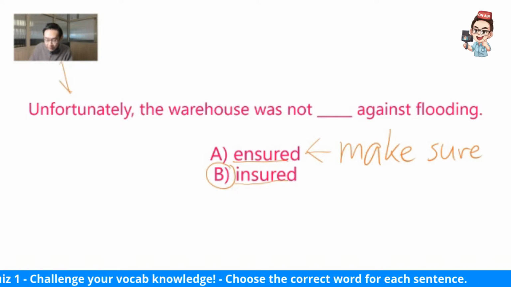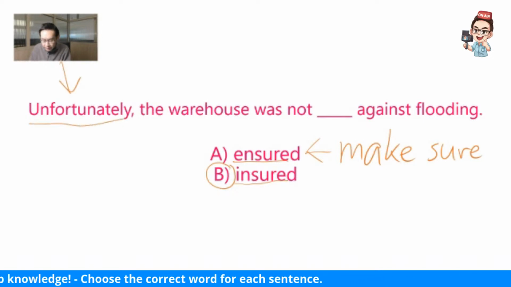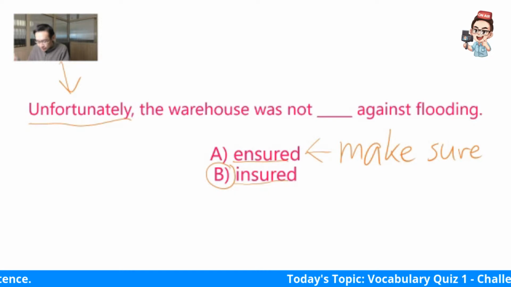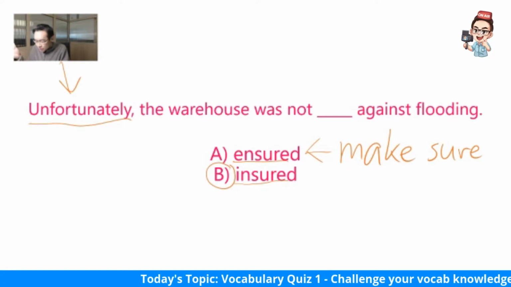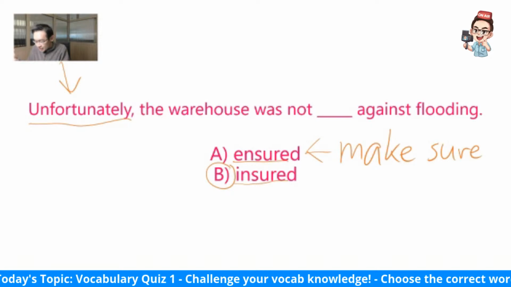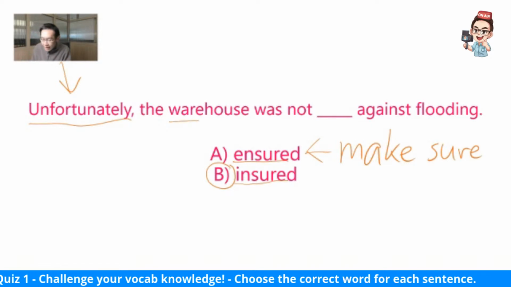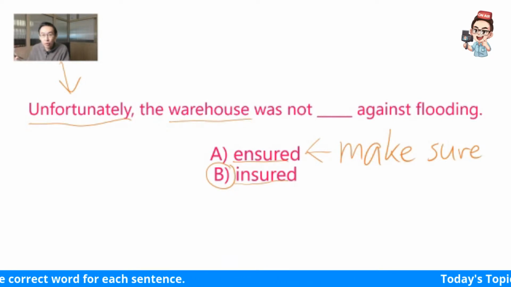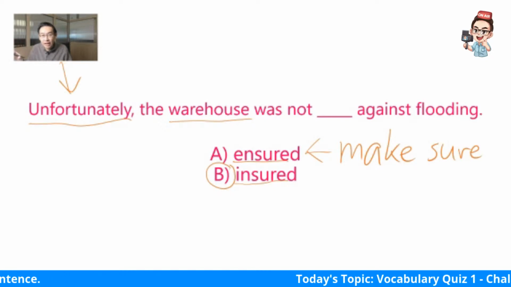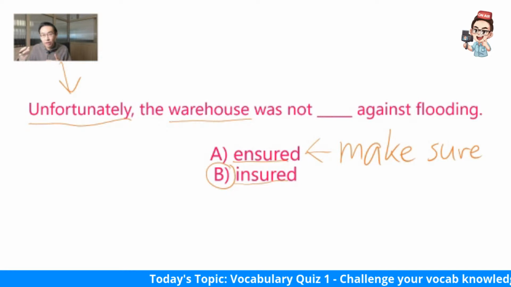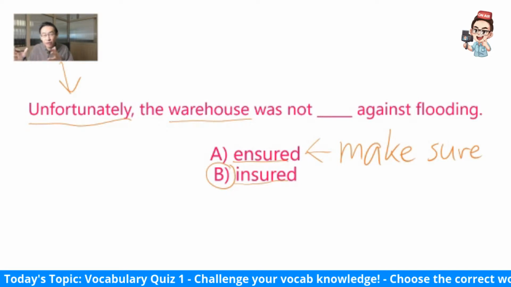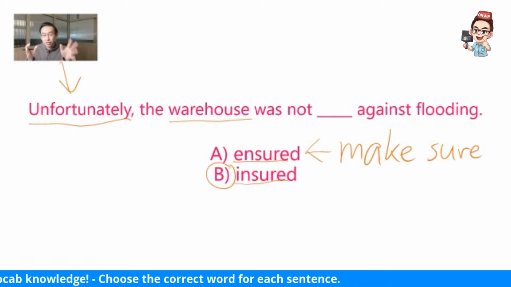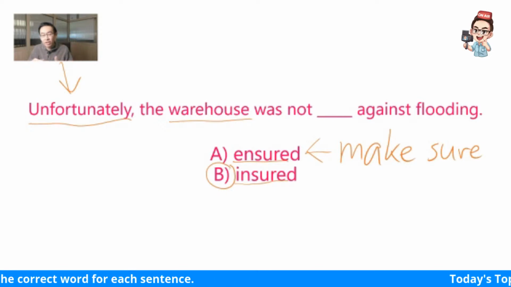Why? Let's go back and read our sentence. We use unfortunately to talk about something negative, something bad. Unfortunately, the warehouse was not insured against flooding. A warehouse is a place where you store your things. Maybe you sell mobile phone cases, and if you have so many, then you will need a warehouse to store all of those things while you're not selling them yet.